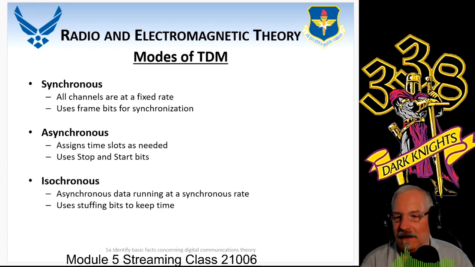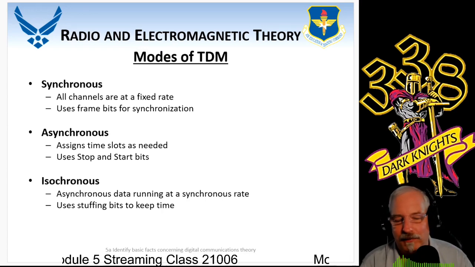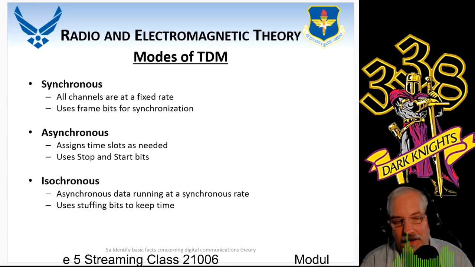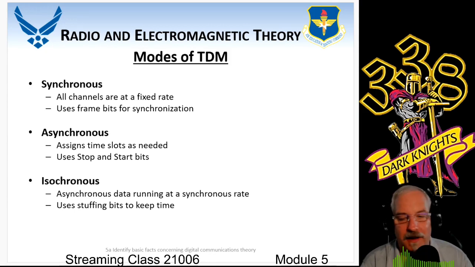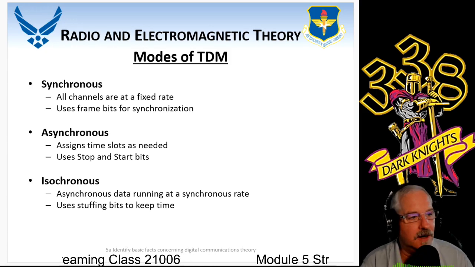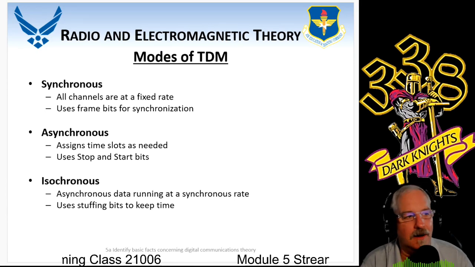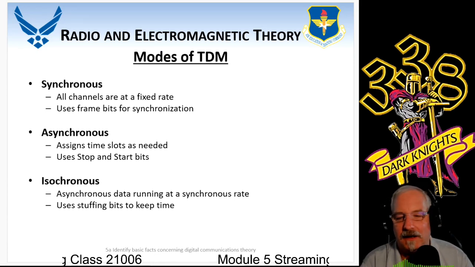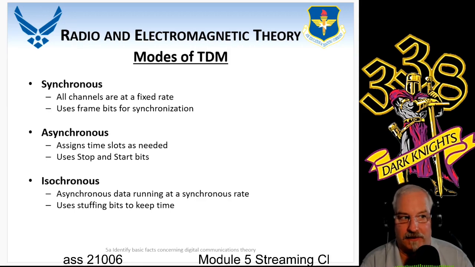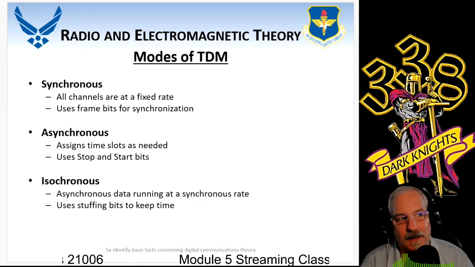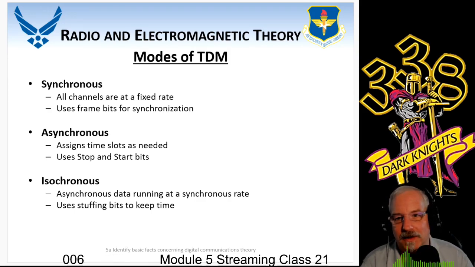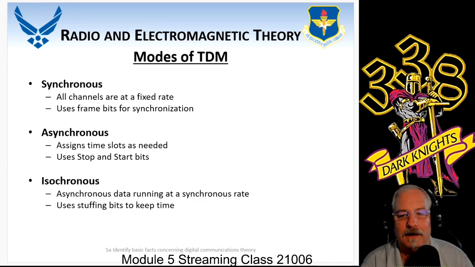With asynchronous, and this is what computers use, especially there, and I'll explain why Boingo, whatever it is that you guys are using, has so many difficulties, async is talking about time slots. The problem is it uses stop and start bits, which can get quite bogged down in time.